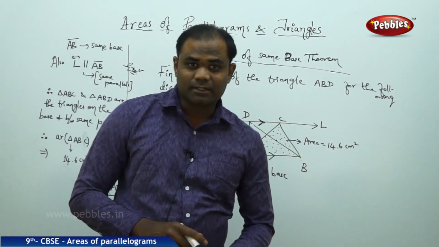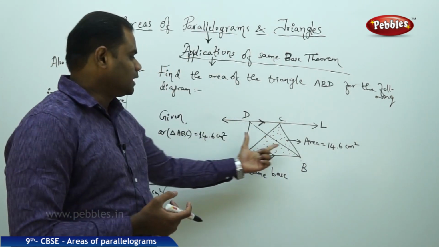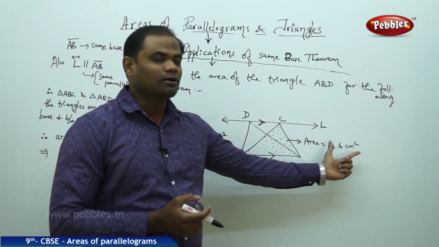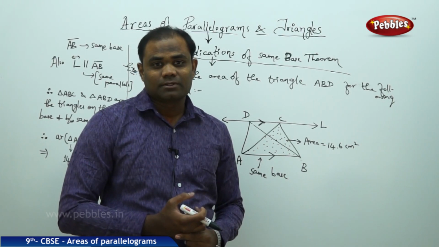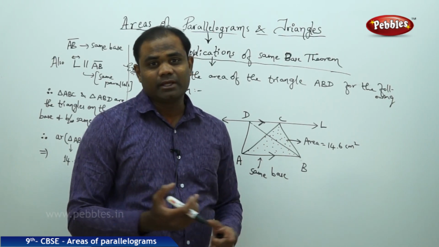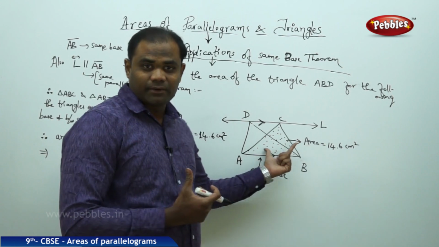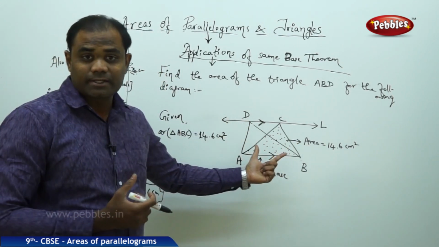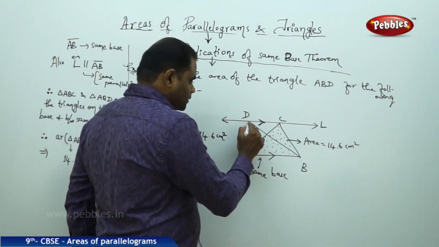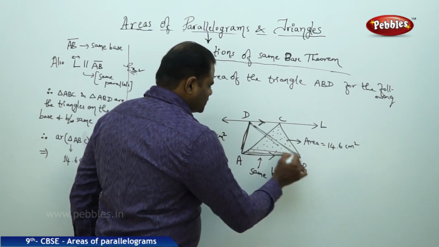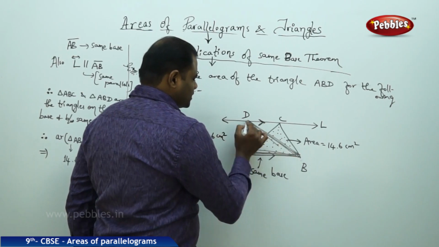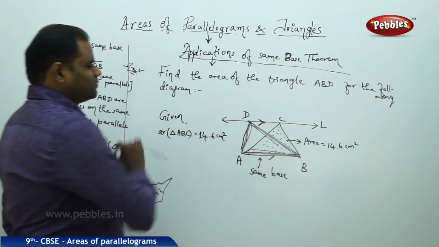Therefore, I can find the area of the other triangle using the area of the given triangle by using same base theorem. Same base theorem helps me in applying the concept in real life. As in the case of this example, I wanted to find area of this triangle, and I could do it by simply taking same base theorem.